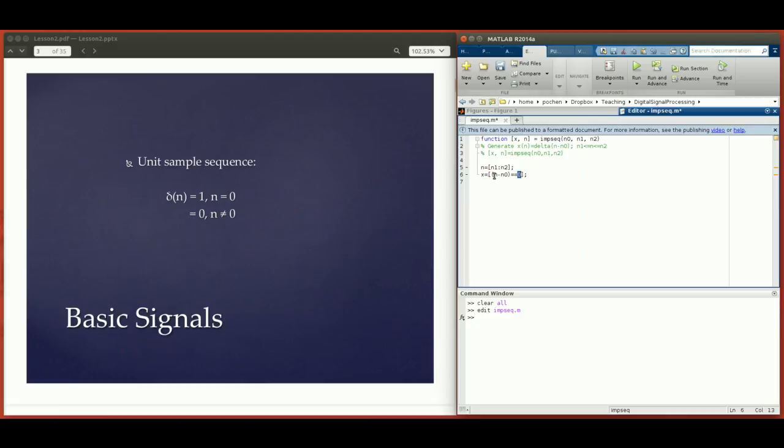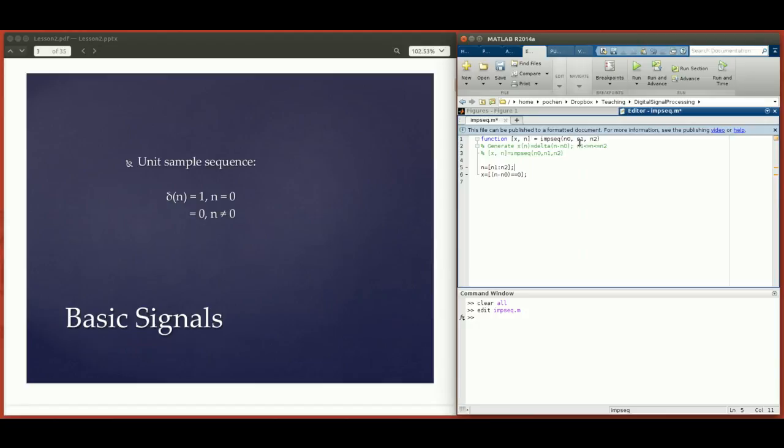So n subtract n0 is what? Here I constructed n. n is a vector that goes from n1 to n2. And then n0 is another user input. It's a scalar. It's just a number. You're supposed to have this number between n1 and n2 so that you can see the unity pulse.